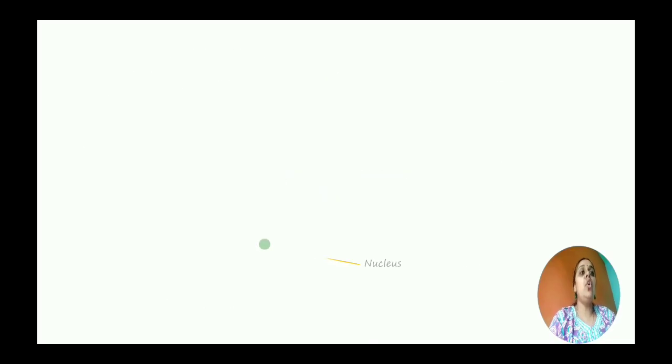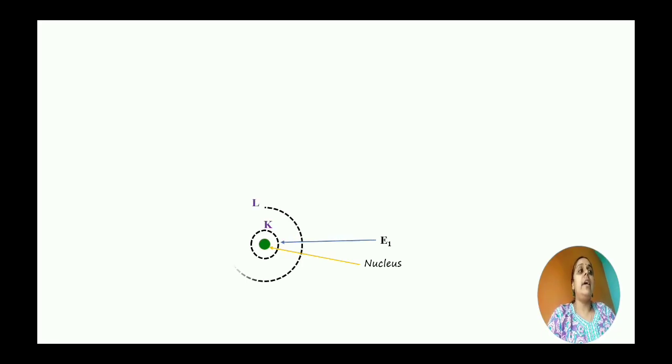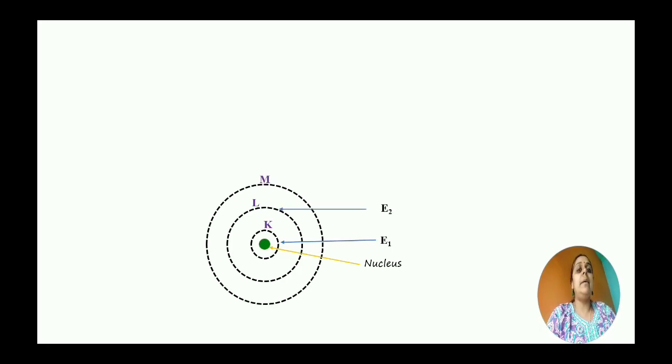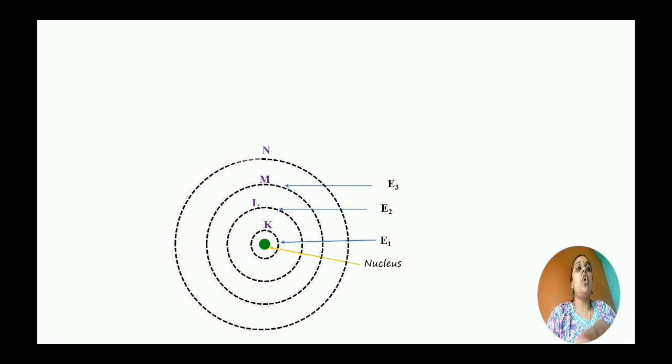We also know that these orbits have fixed energy. The energy increases as we move outward from the nucleus. Let the energy of the first orbit K be E1, the energy of the second orbit L be E2, the energy of the third orbit M be E3, and the energy of the fourth orbit N be E4.